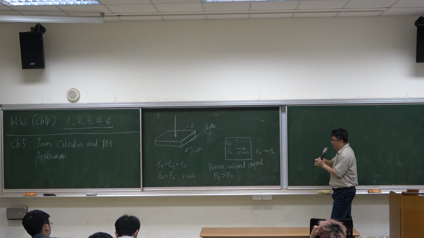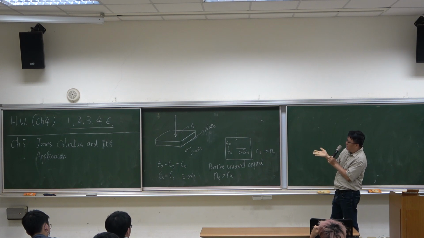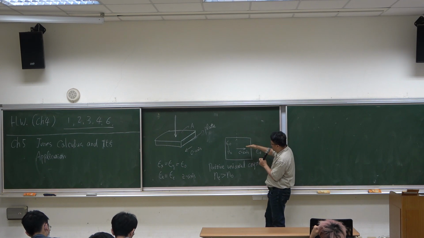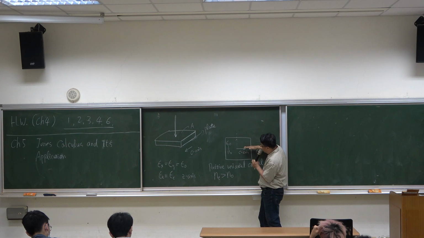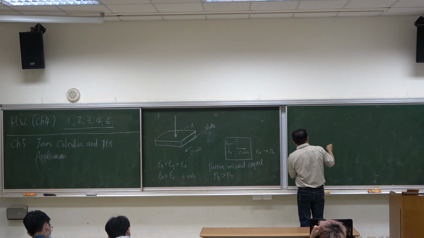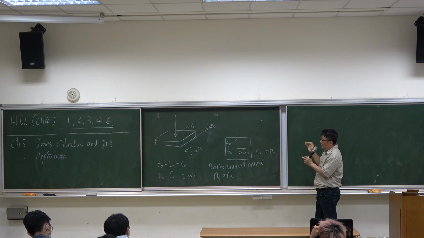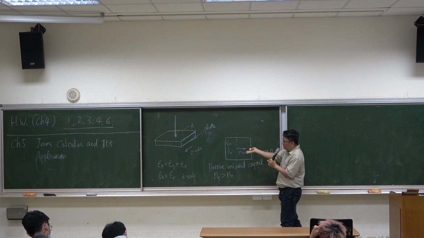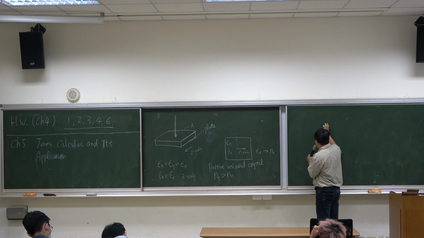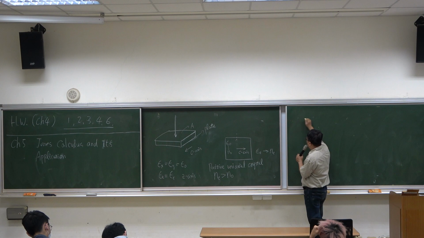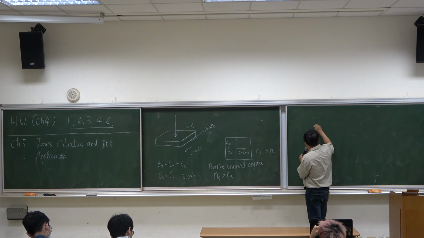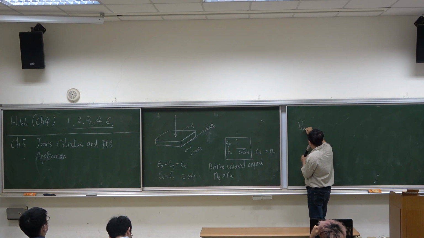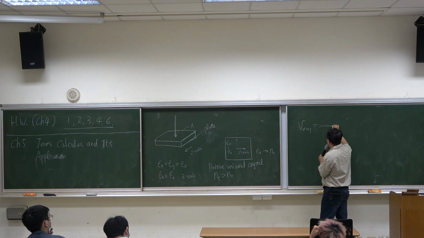And if this beam's polarization vector is parallel to the c-axis, then this beam propagates inside this wave plate with the speed of light in the crystal, say v E ray, equal to c over NE.